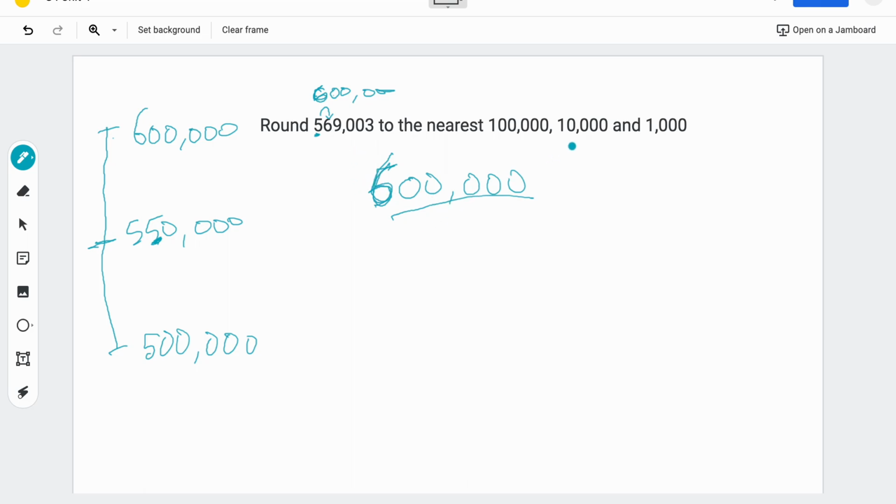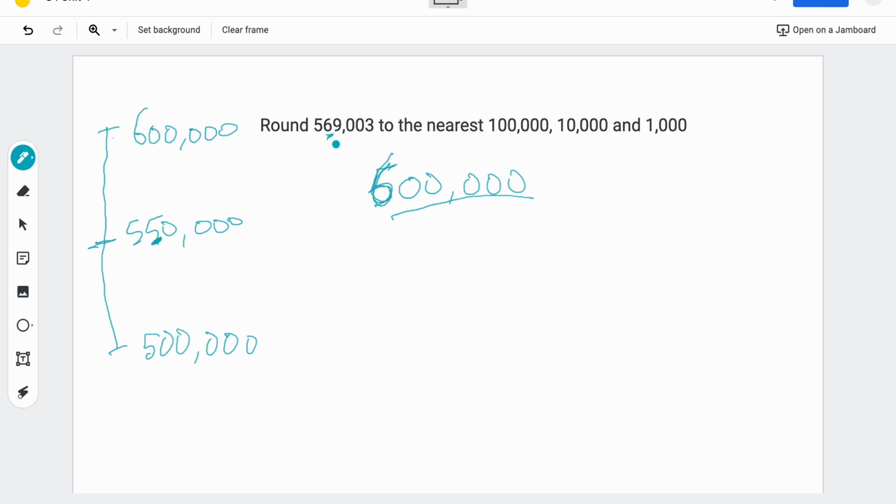Okay, now let's round to the nearest 10,000. So for that, you're going to go to the 10,000th place. So make sure that you understand your place values, okay? Your place value position. So go to the 10,000th place. There's a 6 here. So the value of this 6 is 560,000.